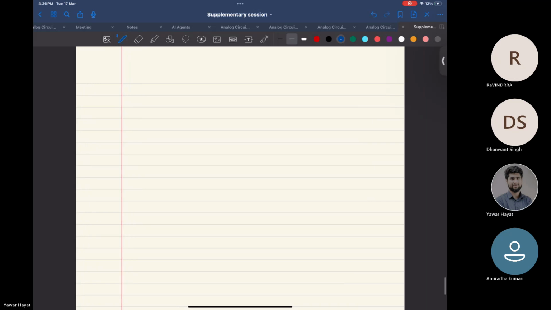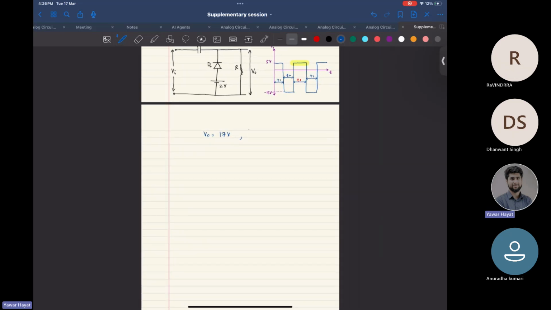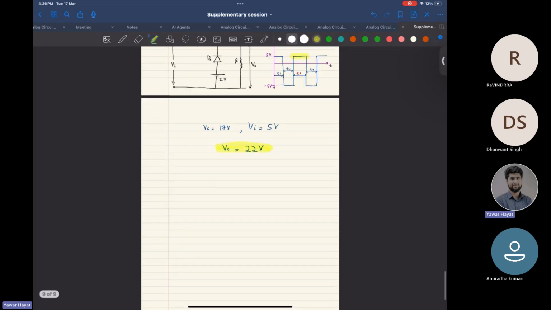See, VC would be 17 volt, Vi would be 5 volt, and your V output would be 22 volt. That finishes your question 7.